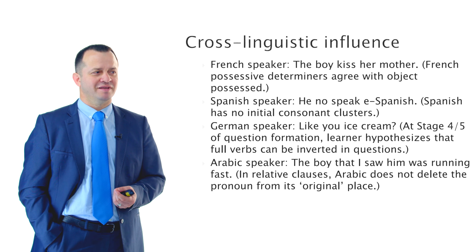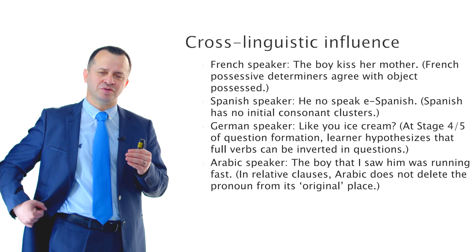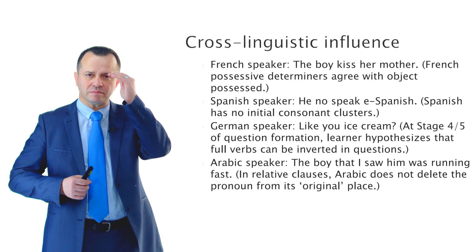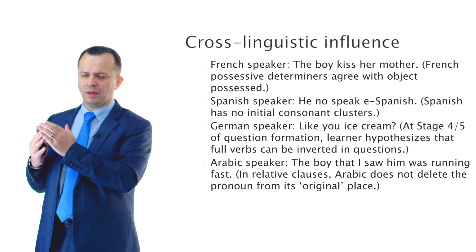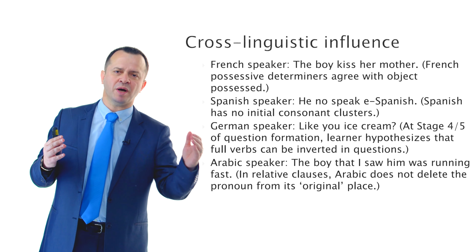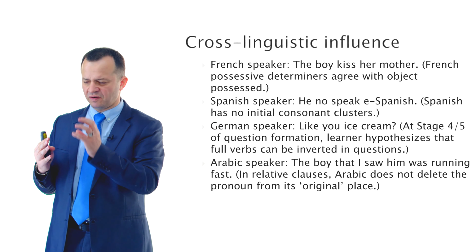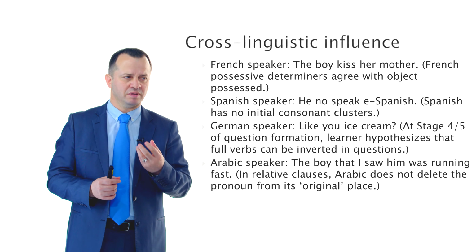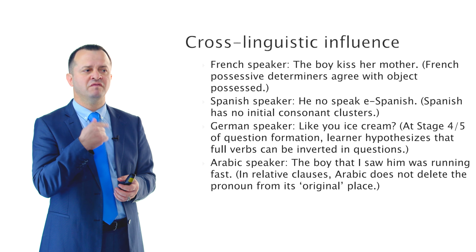German speaker. As I told you in the previous slide, we have stages for requests, for asking permission. Sometimes, to have native-like accuracy in asking permission, a learner should spend 1, 2 or 3 months to reach this accuracy, and at each stage they will make mistakes. In question formation, the learner hypothesized that the full verb can be inverted in questions.